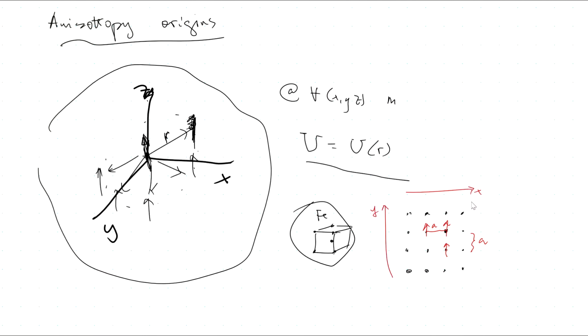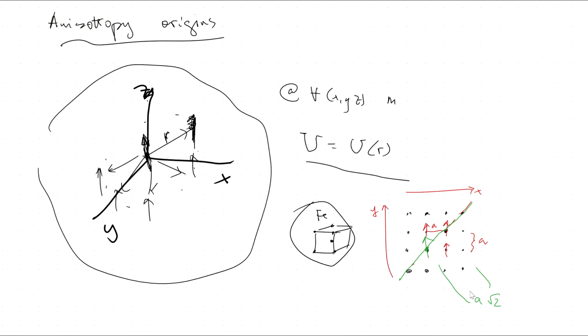However, if you look at this direction, I can choose a different color. If you look at this direction, then the distance from this magnetic moment to that would be how much? That would be a square root of 2.